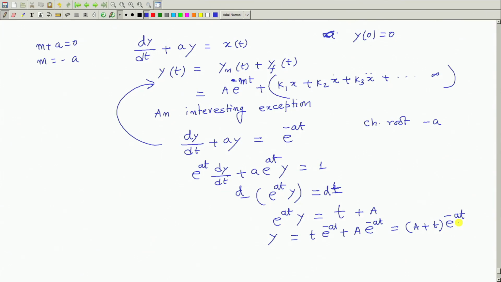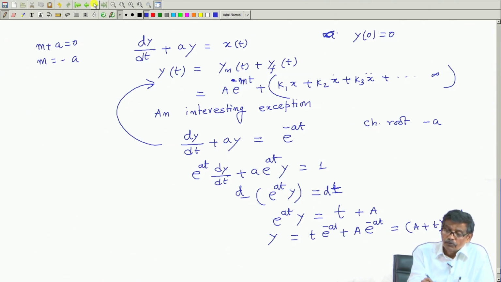Therefore, if the characteristic root happens to be the same as the excitation or input function, e raised to the power same m t, then one has to do it like that. This we just remember, be careful about x(t).